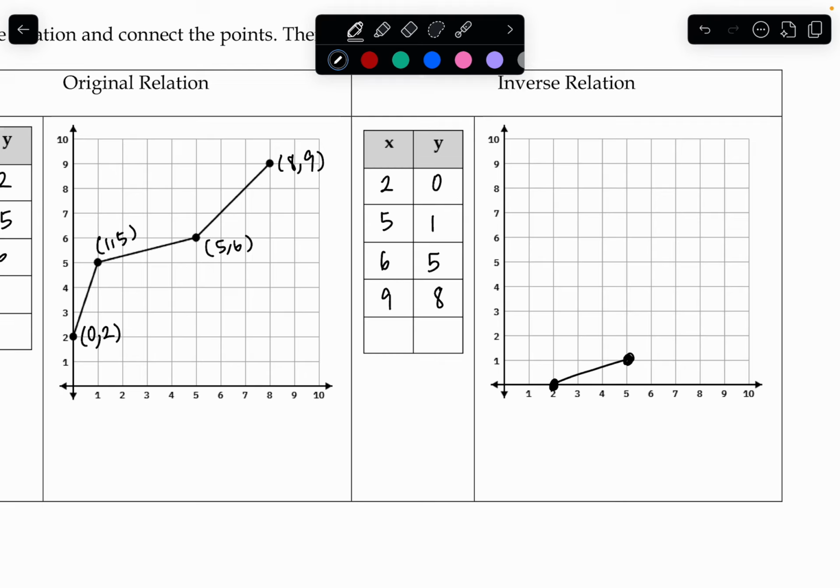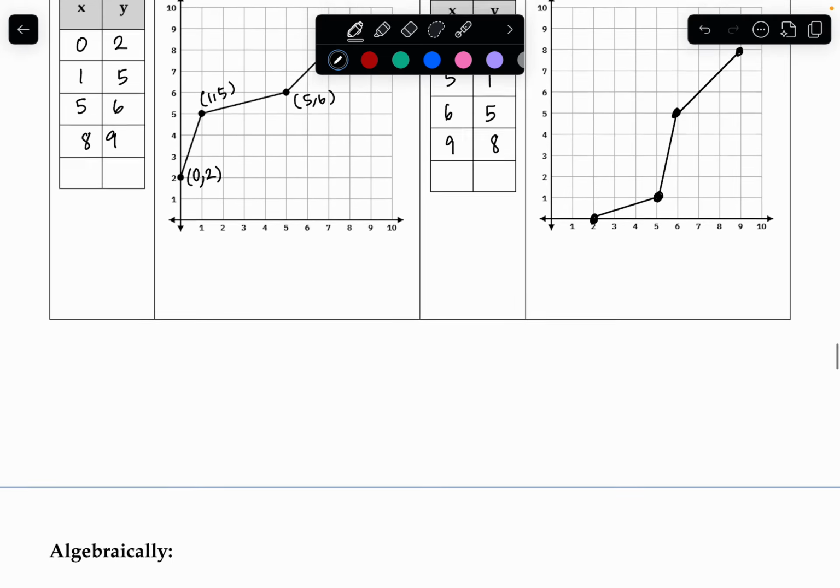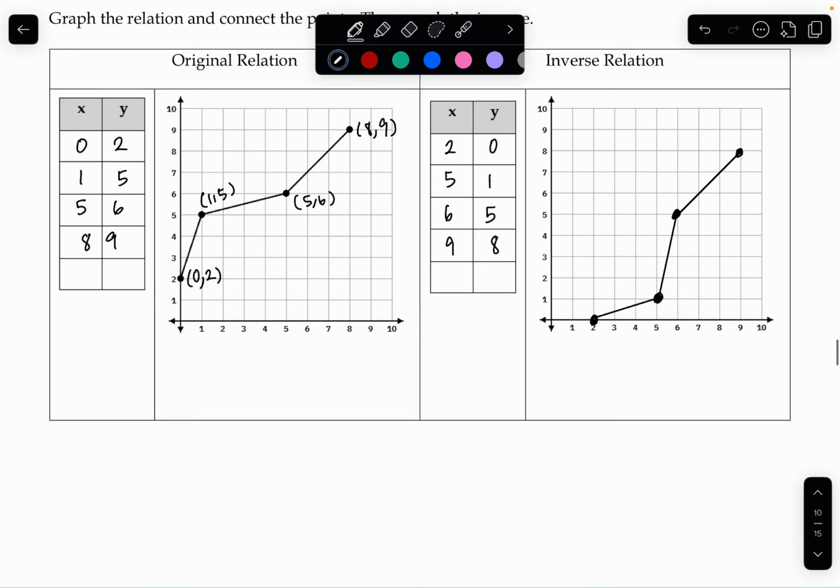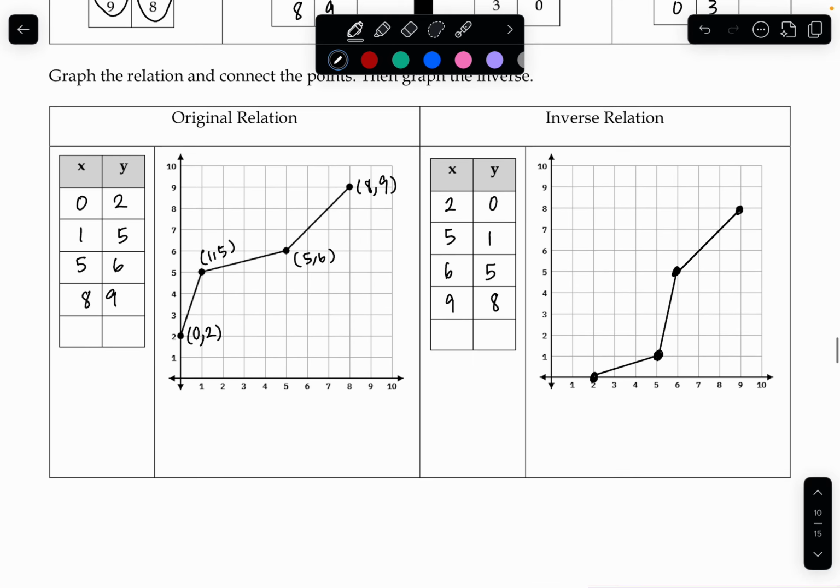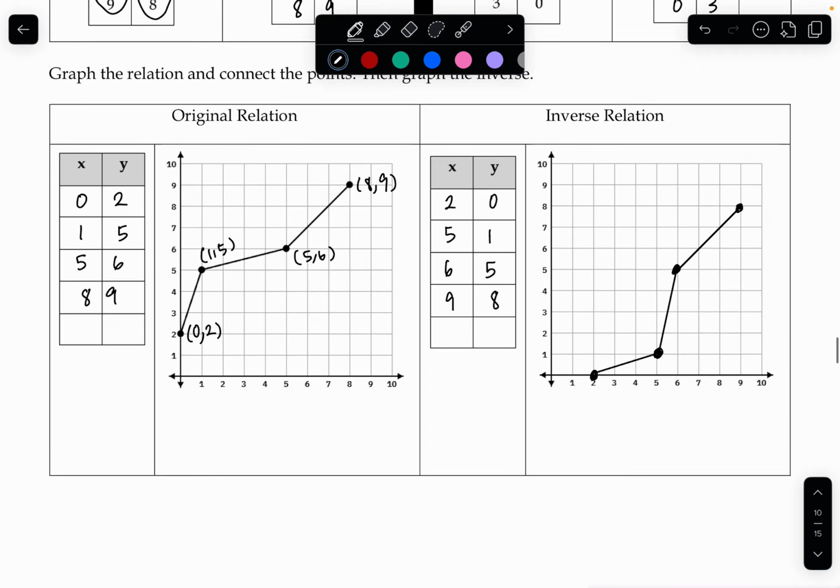I like to connect them as we go, because with the inverse function, it's hard to tell what connects to what. 6, 5, and then 9, 8. If you have the graph, just flip the points, the x and y column, and then regraph it. And now you have the inverse graph.